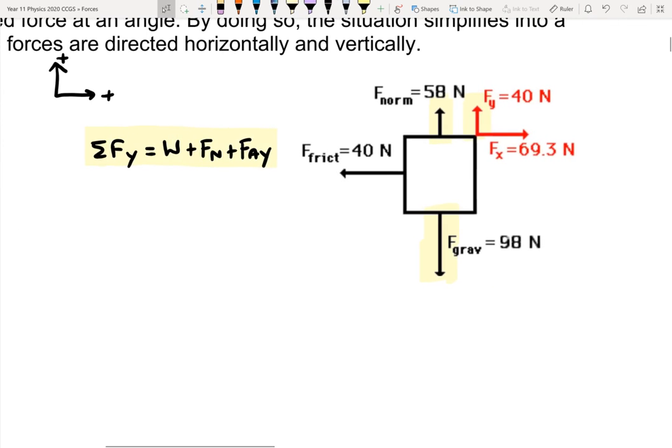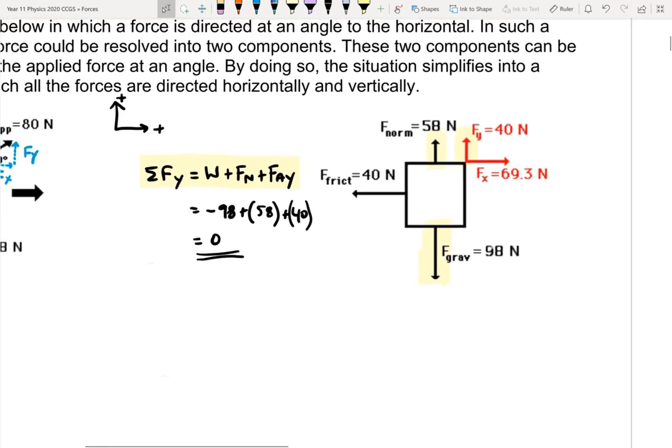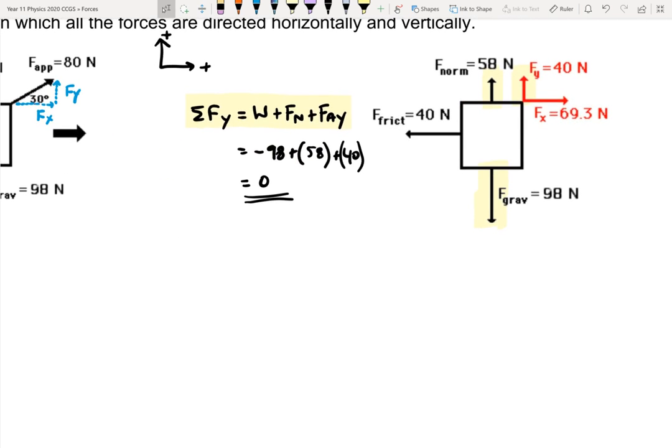We've got our convention there, so we can now go equals negative 98 plus 58 plus 40 equals 0. So this object is not accelerating up or down.